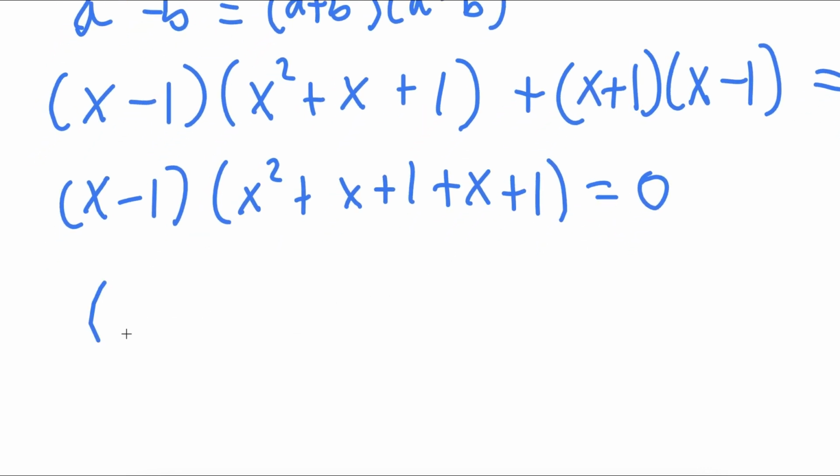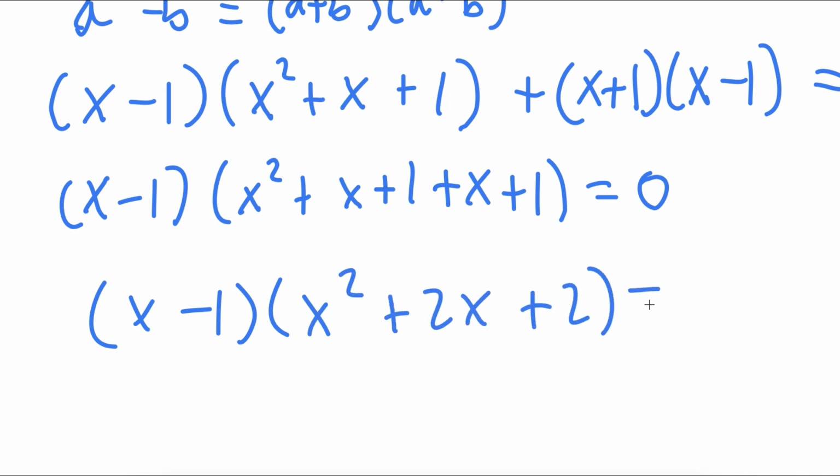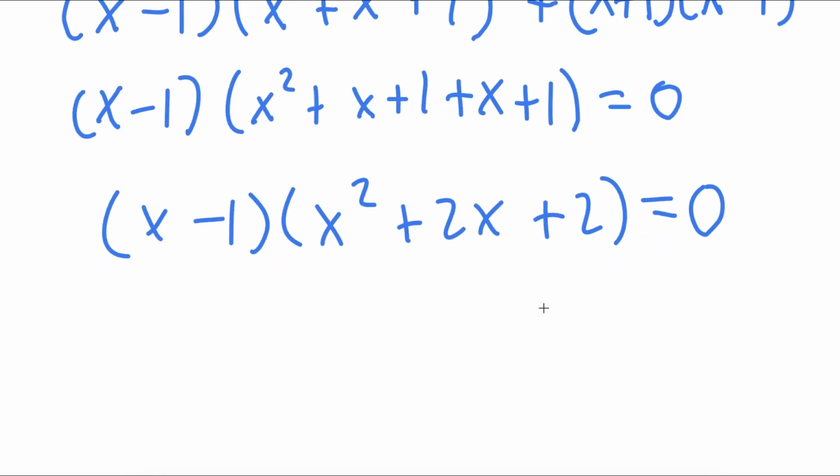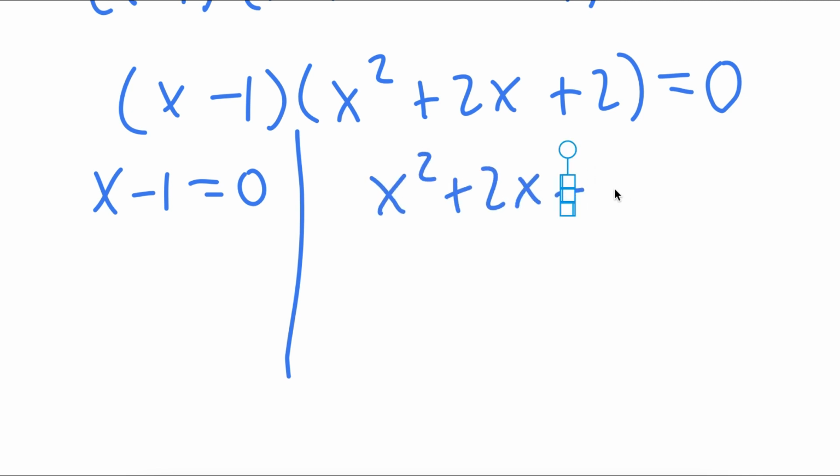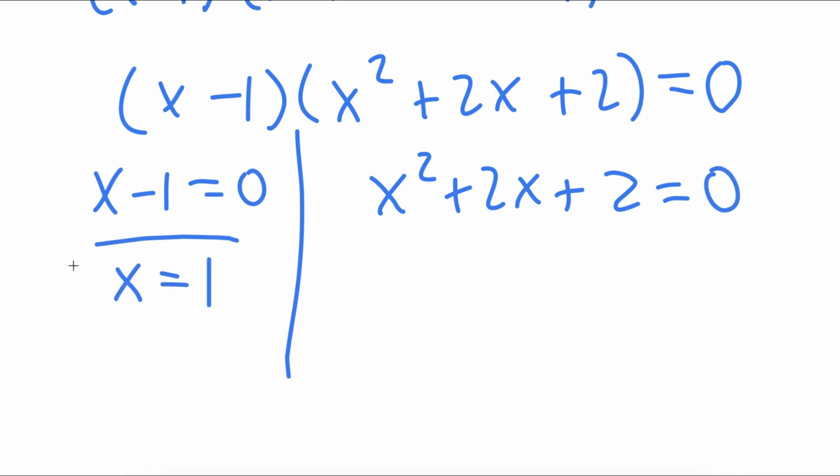And if I simplify, I get x minus 1 times x squared plus 2x plus 2 is equal to 0. So now this gives me two equations. I have x minus 1 is equal to 0, and I have x squared plus 2x plus 2 is equal to 0. So for x minus 1 equals 0, x is obviously equal to 1, so that's one solution of x.